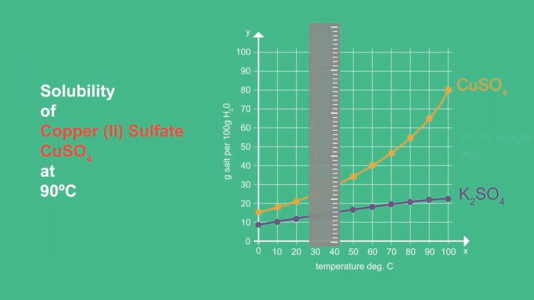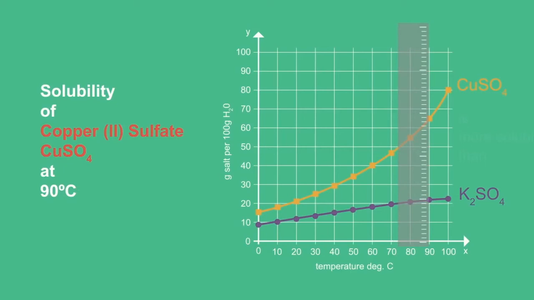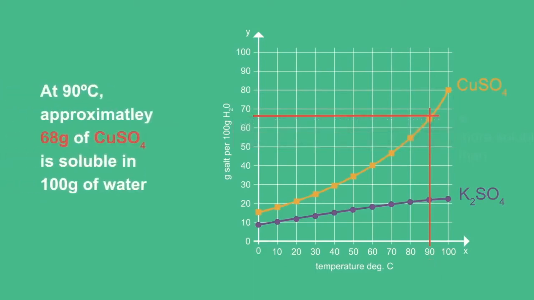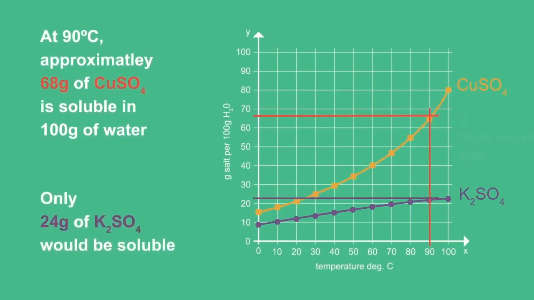Take a ruler and draw a vertical line starting at the x-axis at 90 degrees Celsius until it reaches the curve. Then, draw a horizontal line from the point on the curve until it reaches the y-axis. At 90 degrees Celsius, approximately 68 grams of copper 2 sulfate is soluble in 100 grams of water. To compare, at the same temperature, only 24 grams of potassium sulfate would be soluble in water.